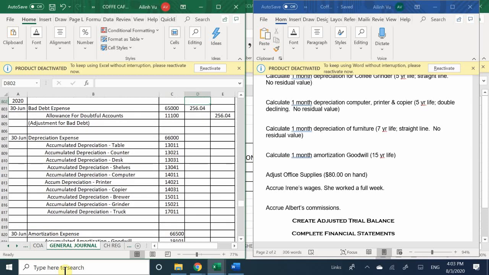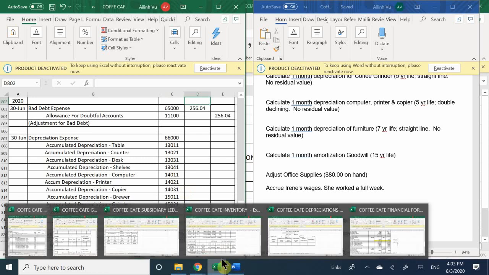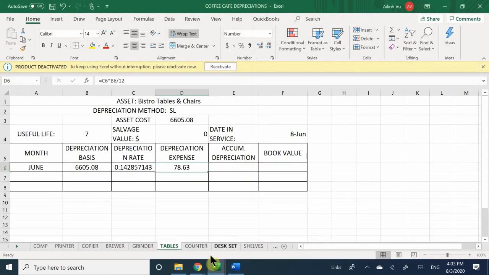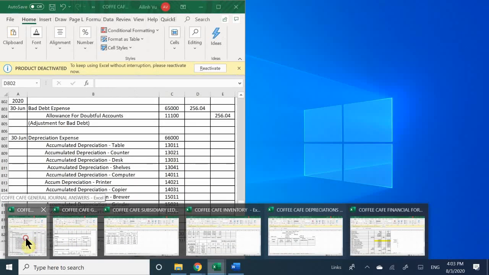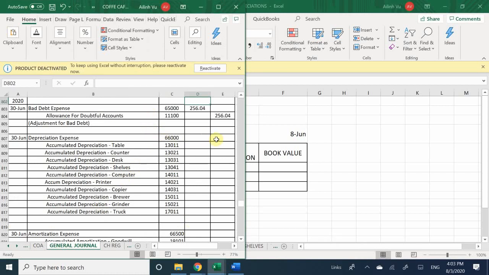Okay. So hold on. Now we're going to go for each exact one. So accumulated depreciation for the tables is going to be $78.63. Table, tables and chairs.